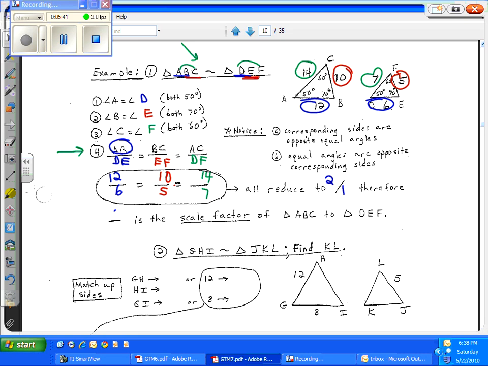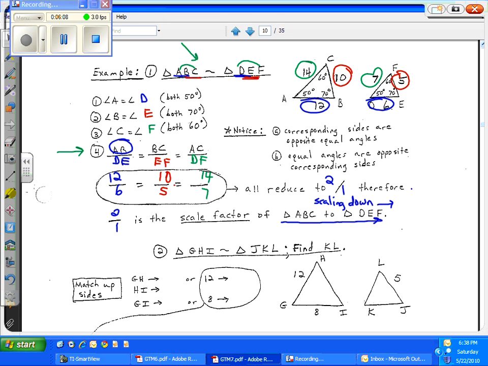So we say that the 2 over 1 is the scale factor between triangle ABC and DEF. Now, that's actually incorrect, because if we go from ABC to DEF, that's going from big to little, which is scaling down.